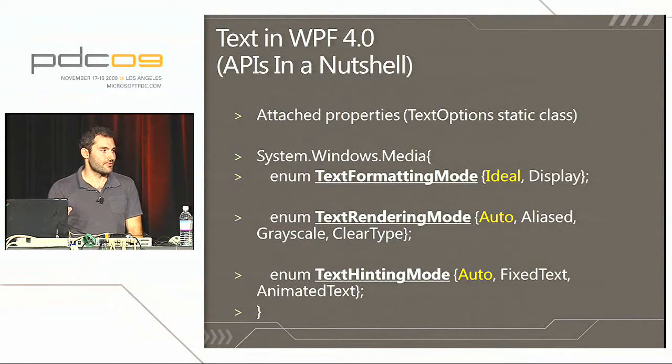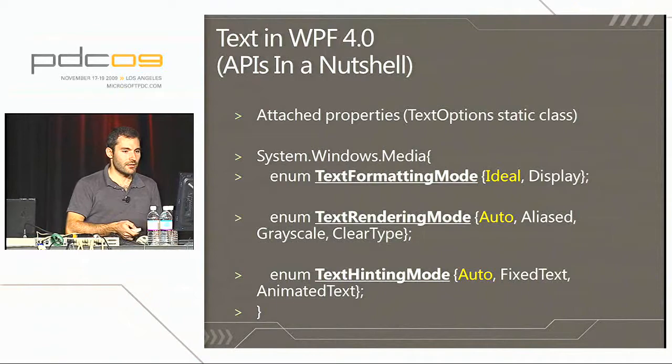So the issue you'll run into is if you scale up display optimized text, we can't linearly scale up the font. So what we wind up doing is scaling up a bitmap of the font, which looks pretty horrible. So be aware of this. If you're going to have text that's going to be scaling around, you should be using ideal width layout. If the text is going to be of a fixed size on the screen, then use display.